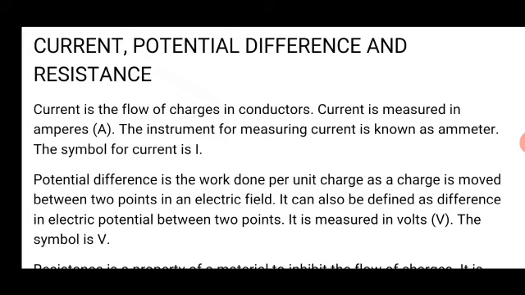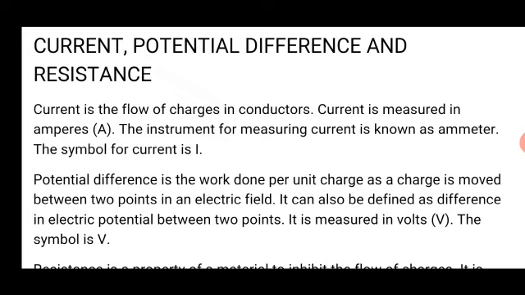So in this case, it is electric force that is moving, that is electric charge is moving, and the work done per unit charge when the charge moves from one point to another is referred to as potential difference. We said that the source of charge provides the energy that is required to move charge throughout the circuit.